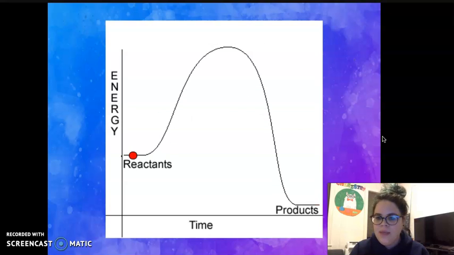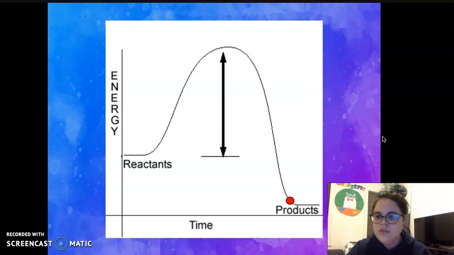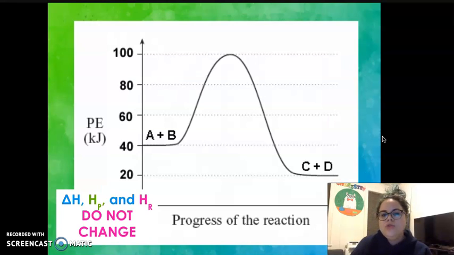Delta H is not being impacted at all. The reactants and the products are not being impacted. The only thing that's changing is the size of that hill, therefore the amount of energy needed to start or activate the reaction.